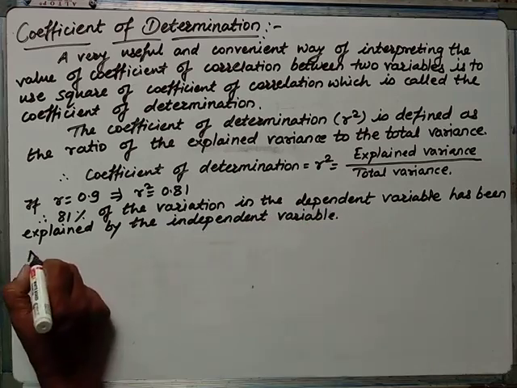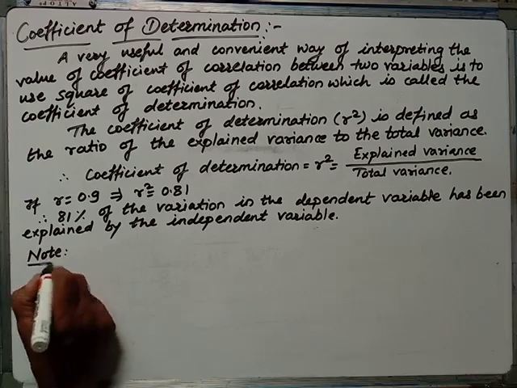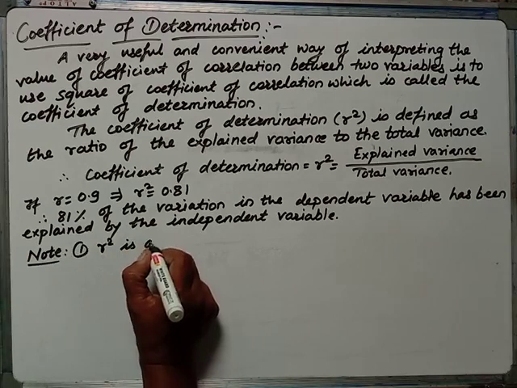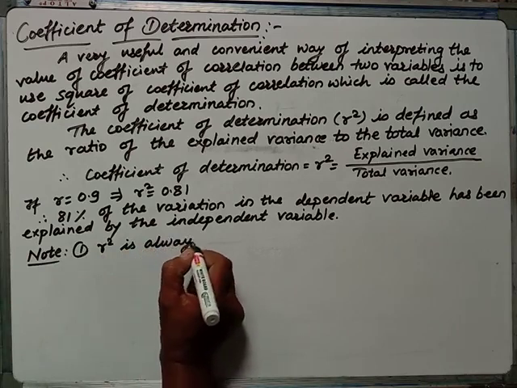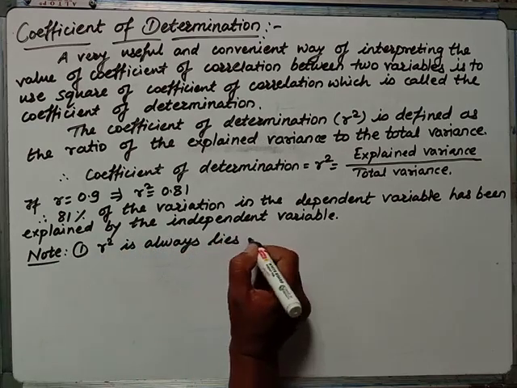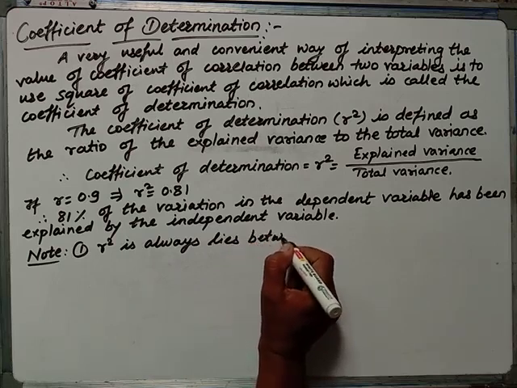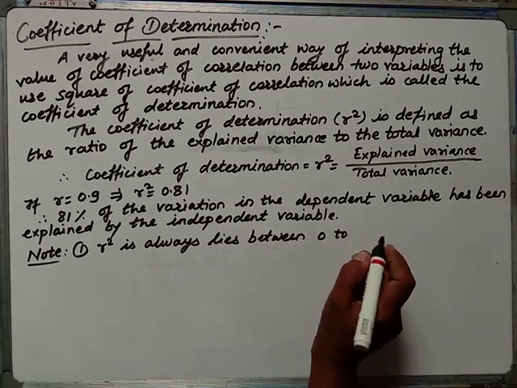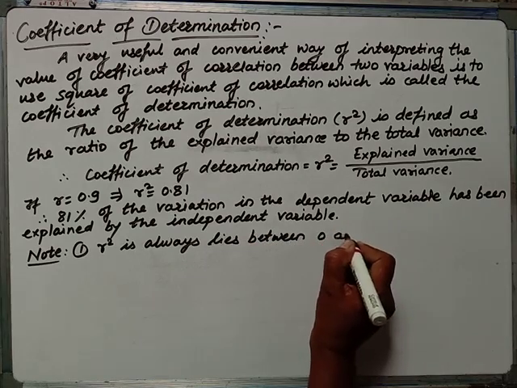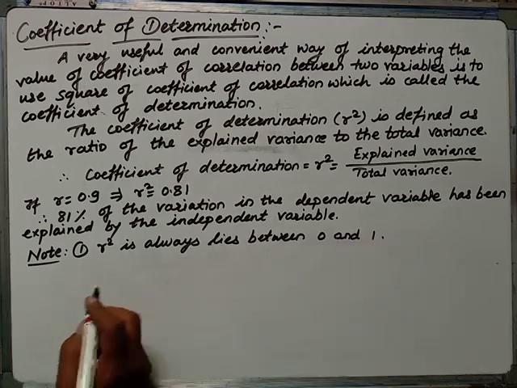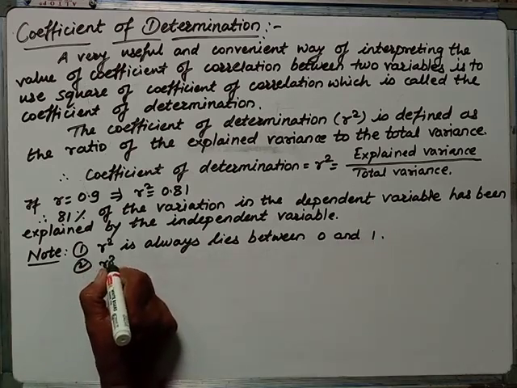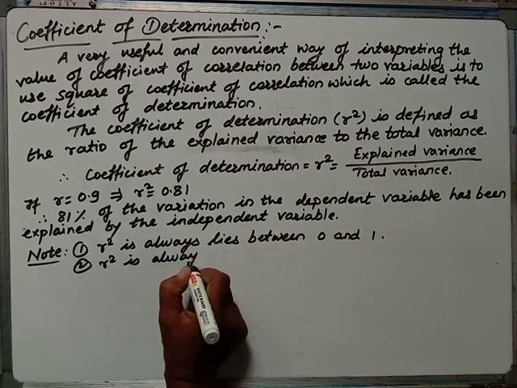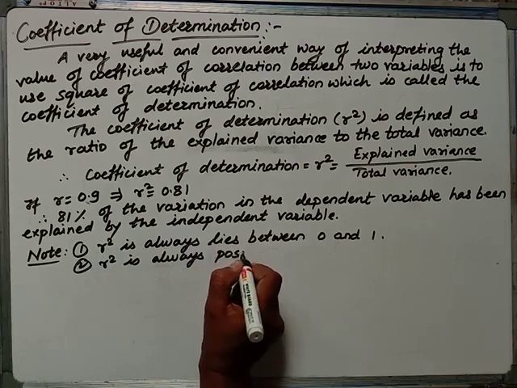Now let me give few notes on it. Note first, r square always lies between, obviously, 0 and 1. Second, r square is always positive. Square is it? Always positive.